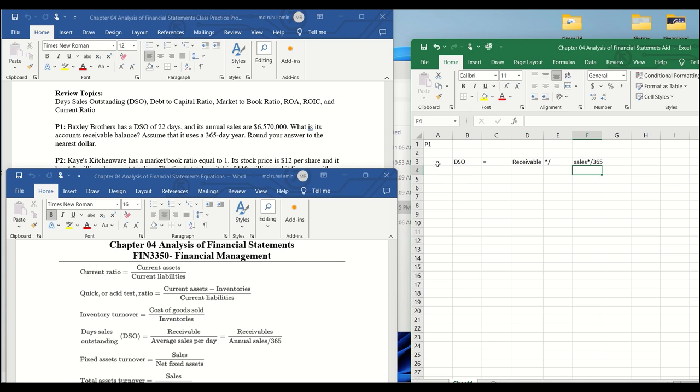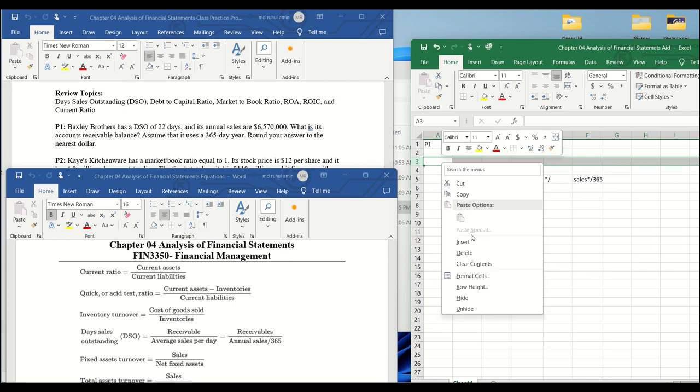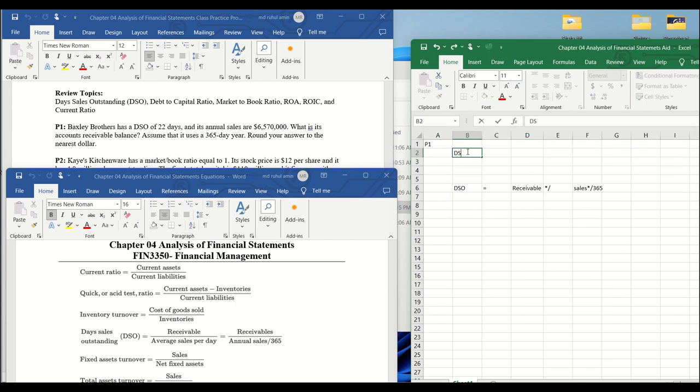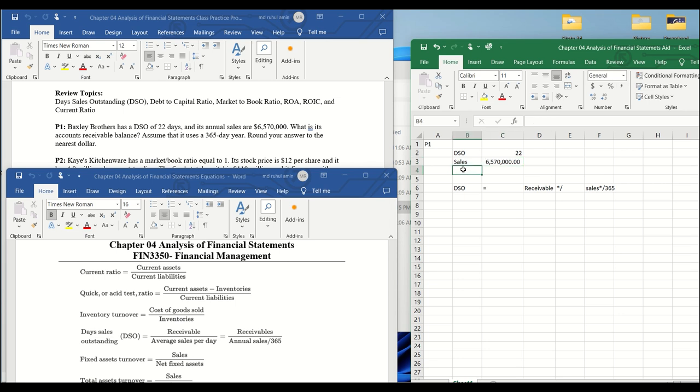Now let me get the values from the problem. DSO equals 22 days, sales equals 6,570,000, and days in a year is 365, as this problem tells us to use 365 days in a year.